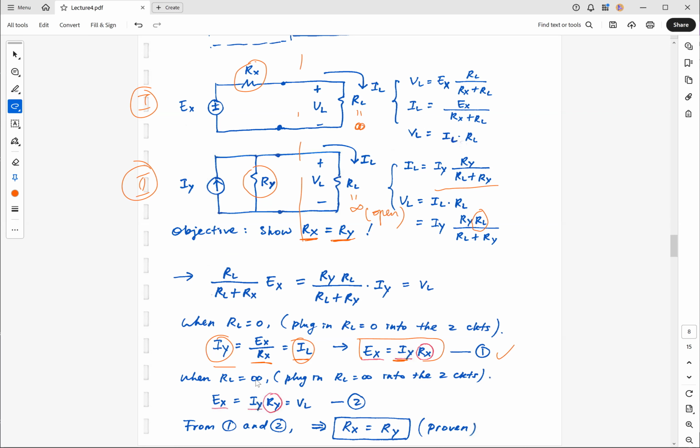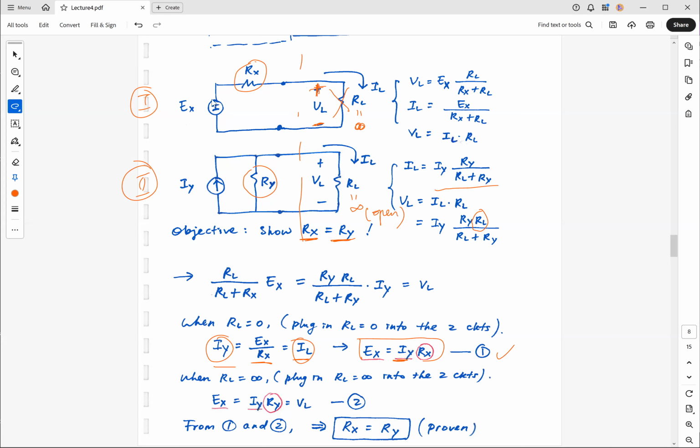When RL is equal to infinity, first of all, this guy here is open, right? So that means VL, this VL here, is equal to EX. Okay, so VL is equal to EX.